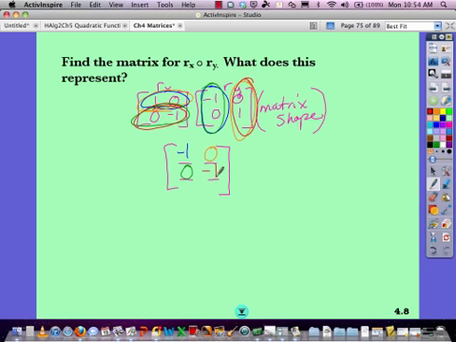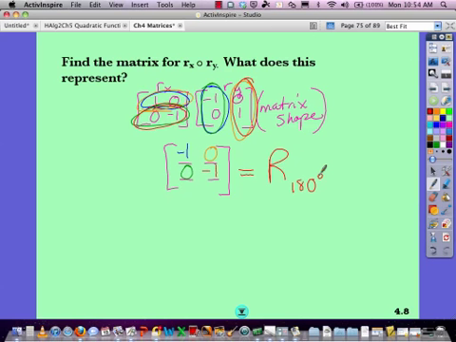Now, take a look at your new list, because this says find the matrix and what does this represent. So you would have to be able to say now that this actually equals a rotation of 180. Where did I get that? I looked at my list and we had just done those 3 matrices and that matched the rotation of 180 exactly.